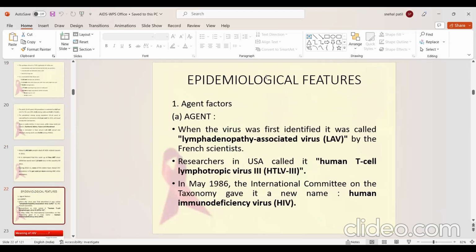Then we have seen the epidemiological features. First one is the agent factor. The agent, as we know today, is called HIV, human immunodeficiency virus, but initially it was called LAV, that is lymphadenopathy associated virus, and the name was given by French scientists.